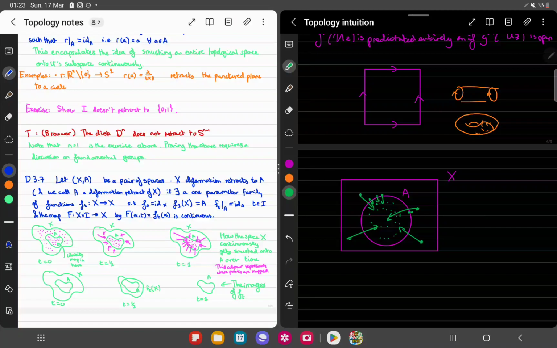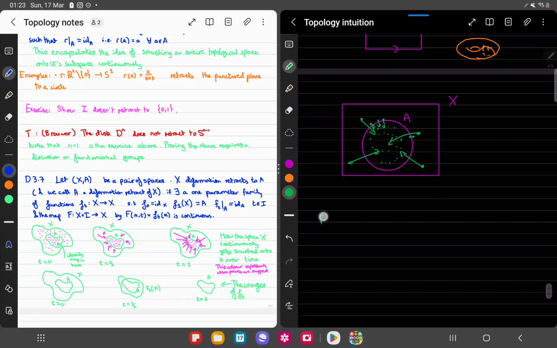You can see that, to be sure, because S1 is the set of things that have norm 1. S1 could be thought of as the set of unit vectors in R squared.